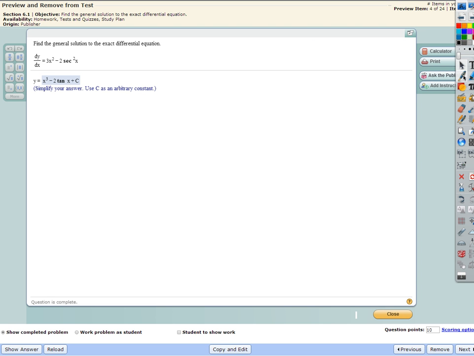Okay, so if we've got something like dy/dx equals 3x squared minus 2 secant squared x, and I want to solve the differential equation. Well, remember, solving a differential equation just means undoing the derivative, right? How do we undo a derivative? Antiderivative, right?